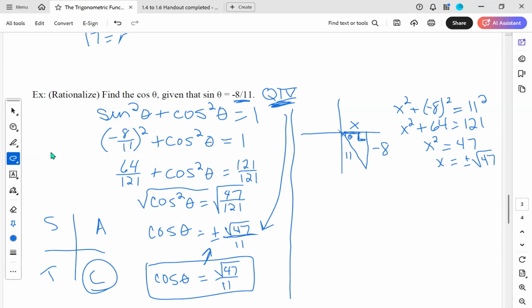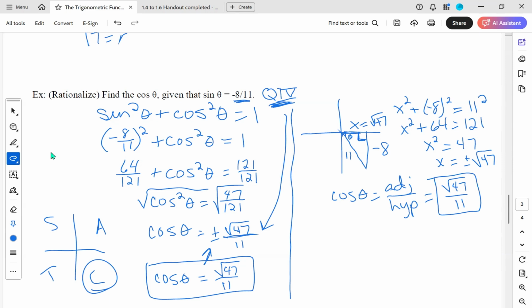But according to my picture, it's going to be positive because x is going to the right. So it's positive square root of 47. Then after you get that, you can say cosine of theta is equal to adjacent over hypotenuse. And so my adjacent is positive square root of 47 all over 11. And boom, there's your answer.